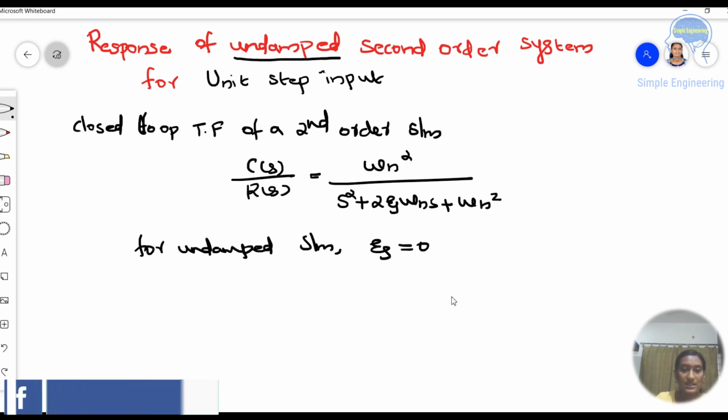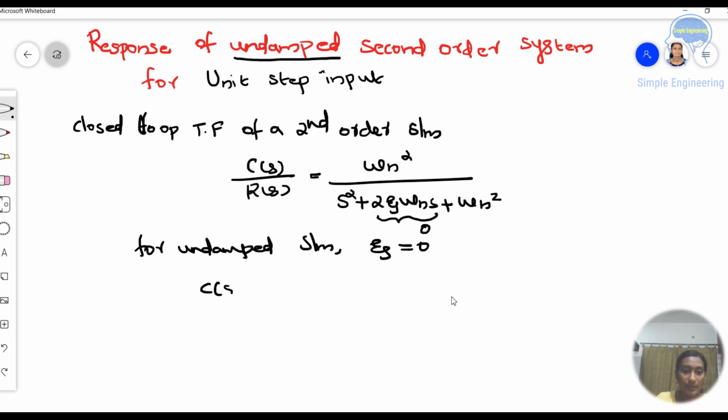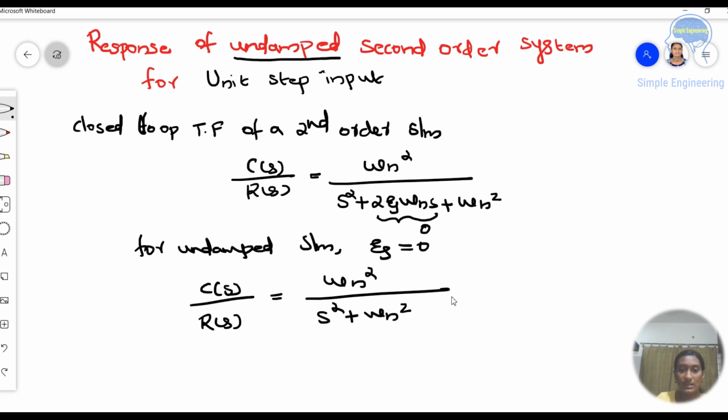So we know that our equation is omega n square / (S square + 2 zeta omega n S + omega n square). Since zeta is 0, this term will become 0. So for the undamped system, C(S)/R(S) = omega n square / (S square + omega n square).